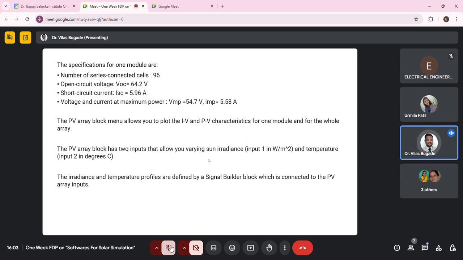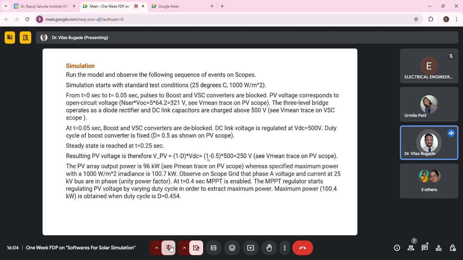Accordingly we can design the inverter, calculate the current capacity to be delivered, and see the capacity of the power electronics devices.